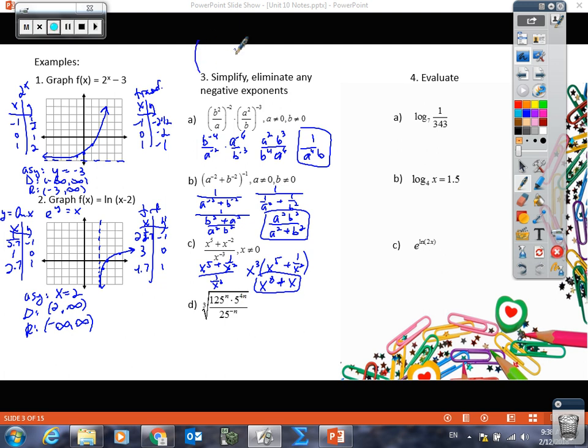I'm going to make that to the 1/3, so I'm using exponential form. So 125 is, what, 5 cubed, times, then we have 5 to the 4n over 25 is, what, 5 squared, so 5 to the negative 2n, and that's all raised to the 1/3 power.